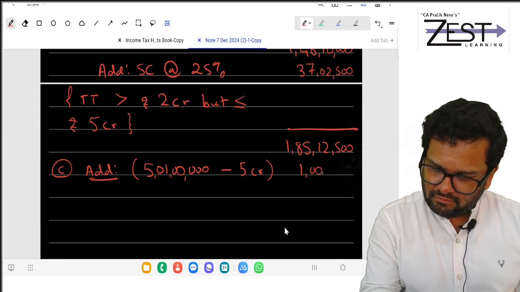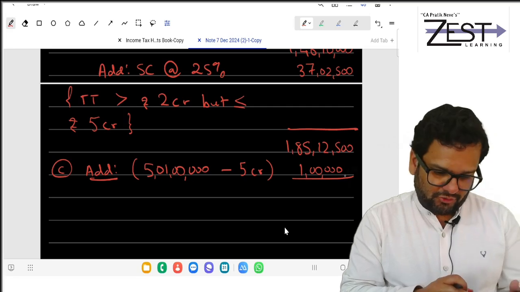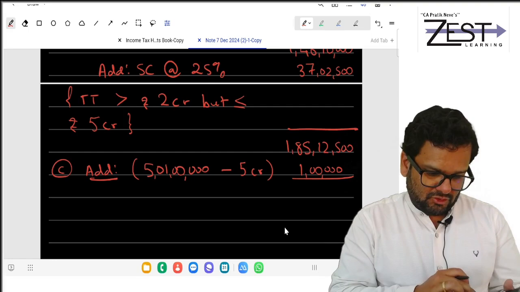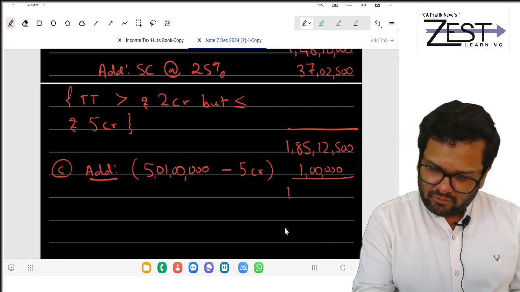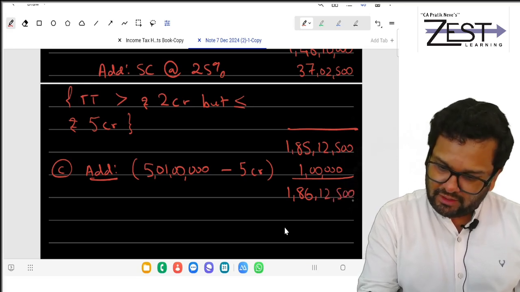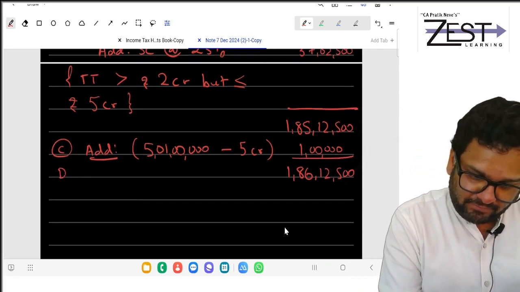This 1 lakh which you hate the most, because of which you are exposed. So of course you are getting 1 crore 86 lakh 12,500. This is your D step.